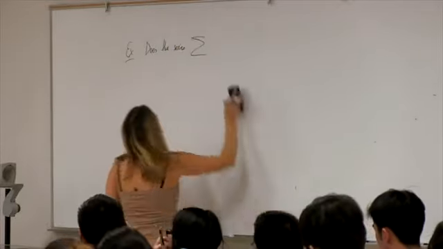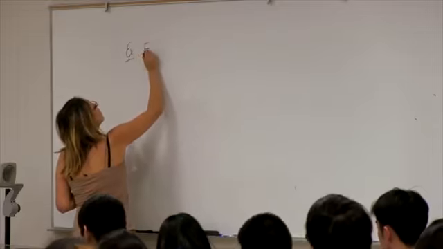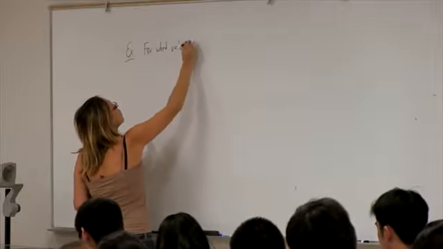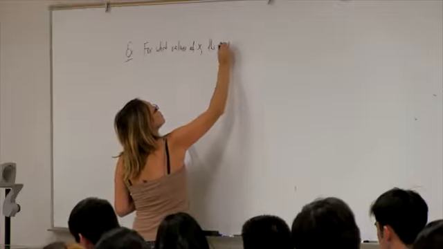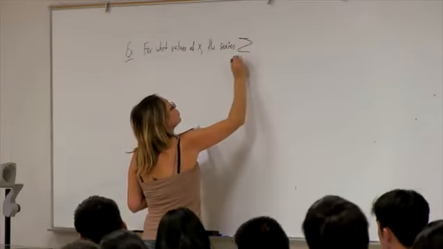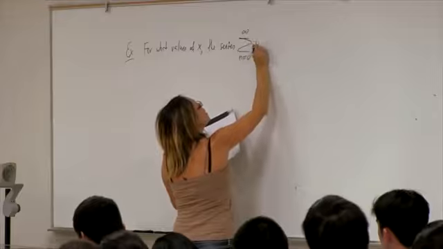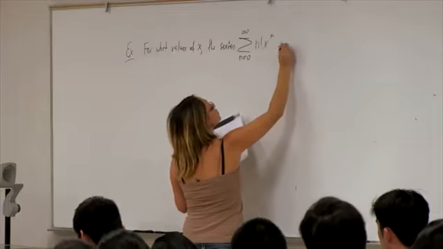No, this is the wrong question. Okay, so for what values of x does the series given by the sum of n factorial x to the n converge?